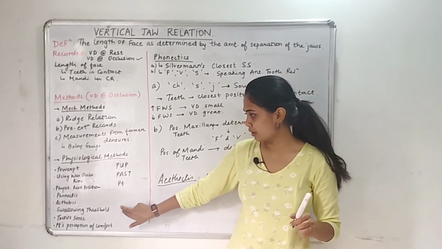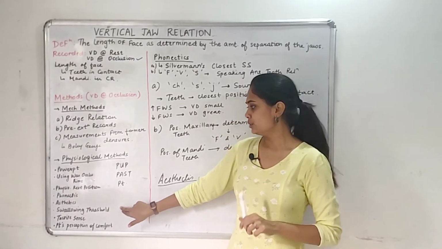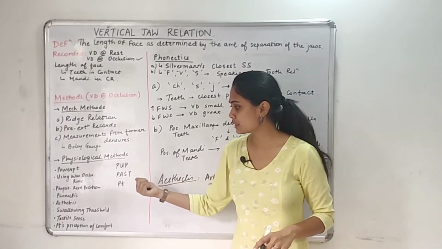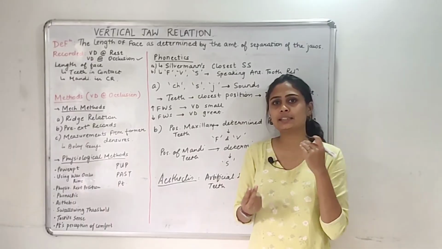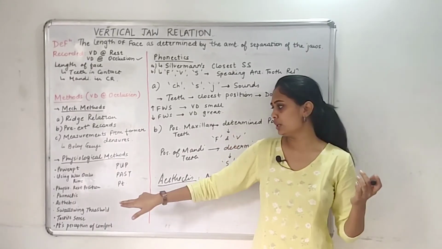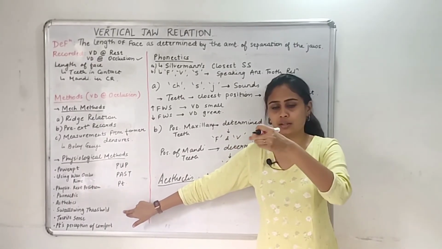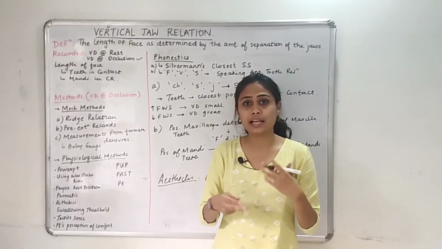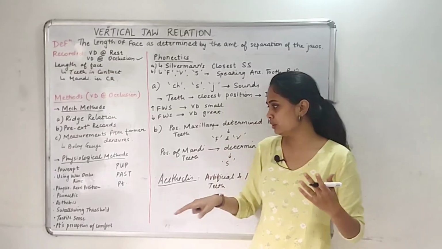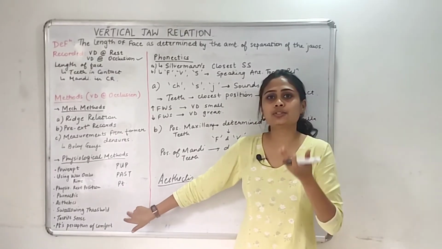And next we come on to the swallowing threshold. So here it is very similar to the one which we discussed earlier. Similar as we had seen earlier, the maxillary and the mandibular rims are placed in the mouth. The mandibular rim has got an amount of extra softened wax, and salivation is stimulated in the patient's mouth, and the patient is asked to swallow.